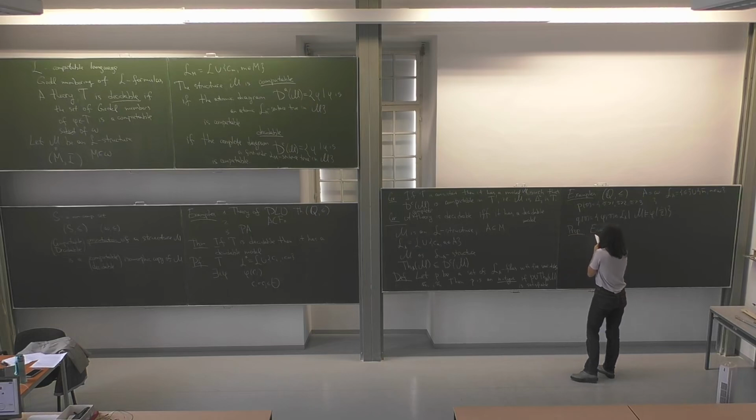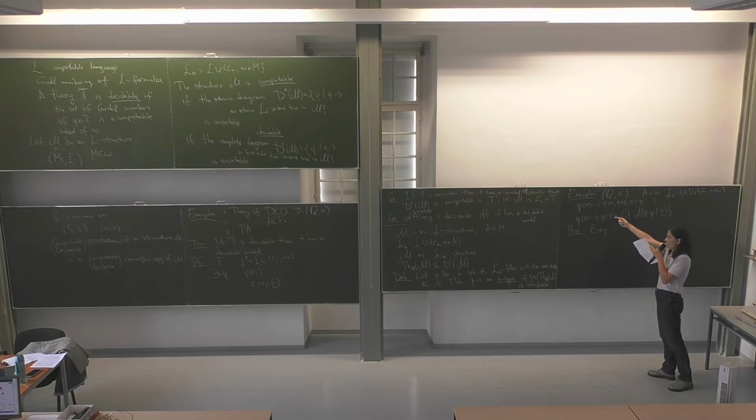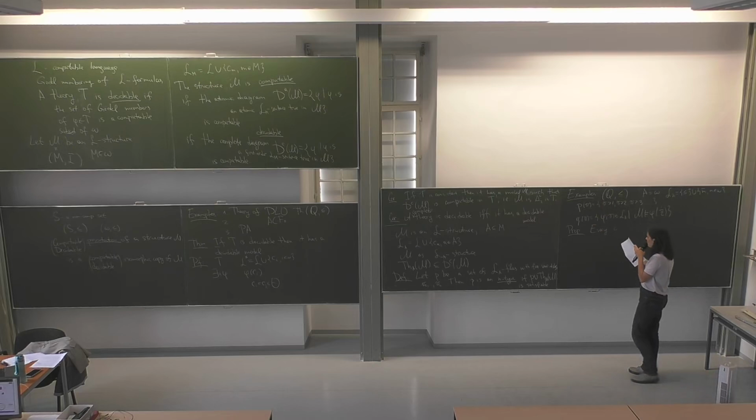Proposition. Every computable type, so this is a set of formulas. Everything is effective. Again, we can talk about computability theoretic properties of this set, so we can measure its complexity.